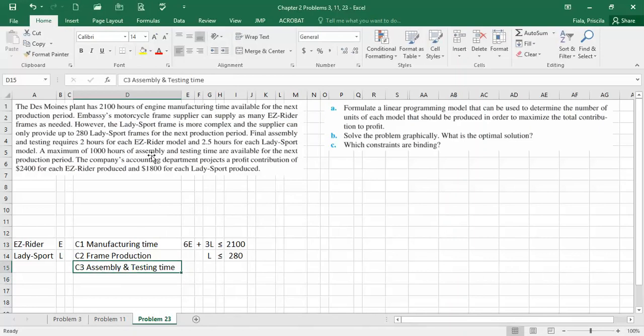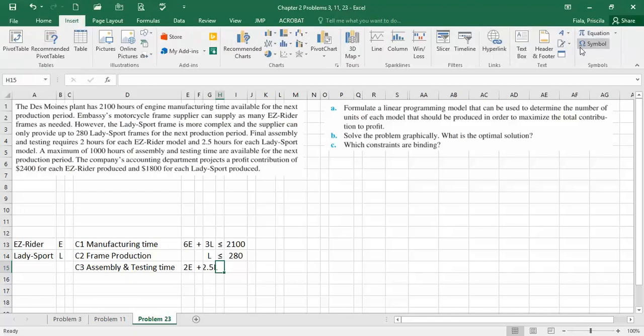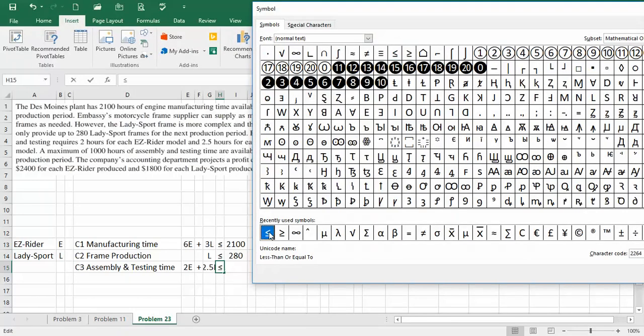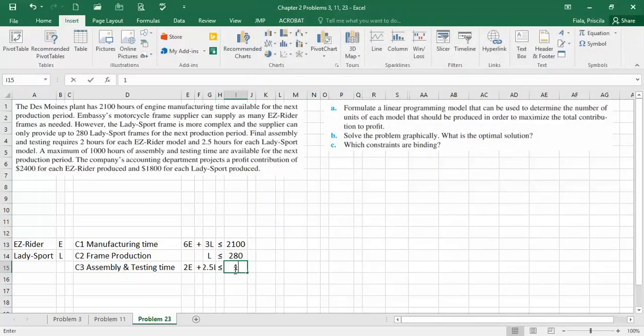Again, I'm talking assembly and testing time, so I'm talking hours. It takes 2 hours for each Easy Rider, and 2.5 hours for each Lady Sport, and a maximum of 1,000 hours of assembly and test time are available for the next production period. So no more than 1,000 hours, so less than or equal to 1,000 hours.